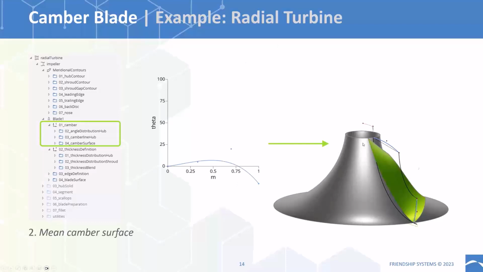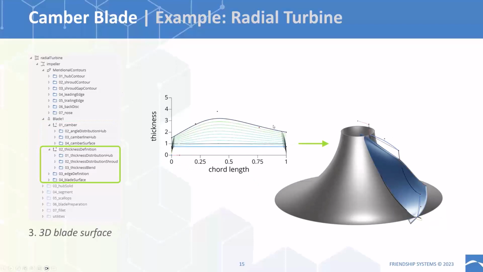Here, the camber or mean camber surface of the blade is defined by a wrap angle distribution at the hub. And since we have a radial turbine, this is a radially fibered blade, so we just need the hub camber line, and then the rest of the mean camber surface is created by radially extending that camber line, and that gives us our camber surface.